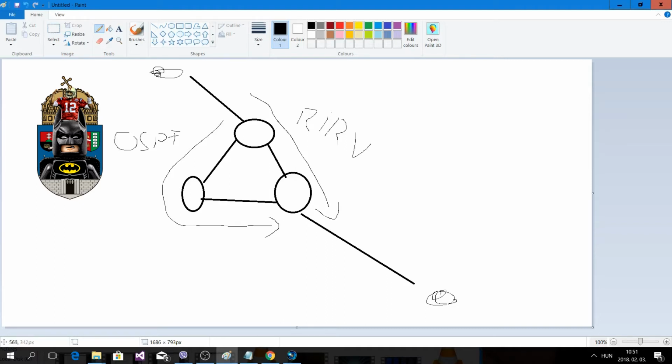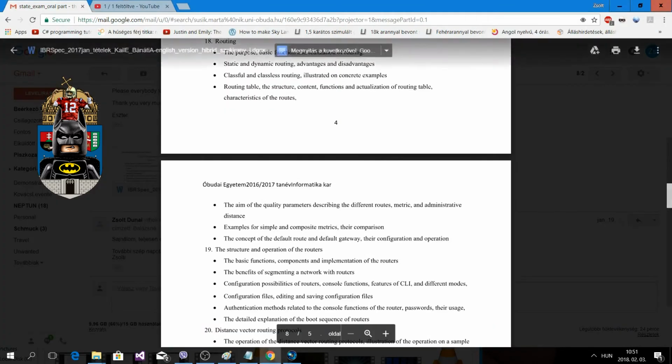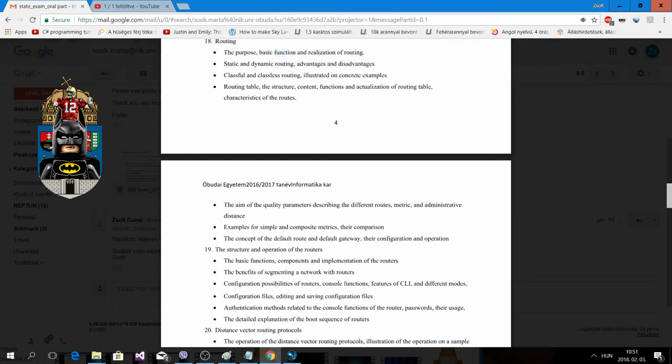So if there are two routing protocols that go to the same destination, then the administrative distance will decide which path will be taken. Examples for simple and composite metrics, I don't know what the composite is. The simple, of course, is the hop count, for example.